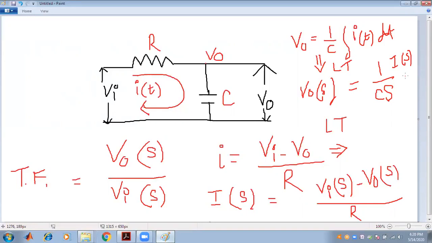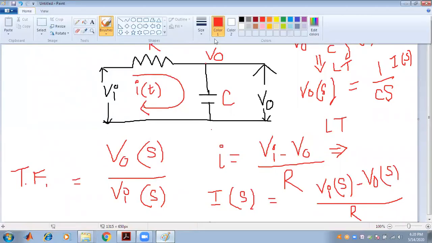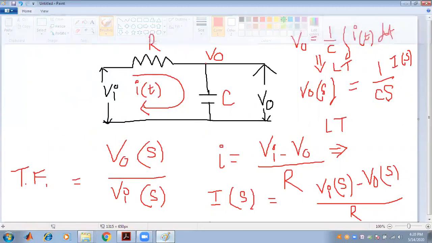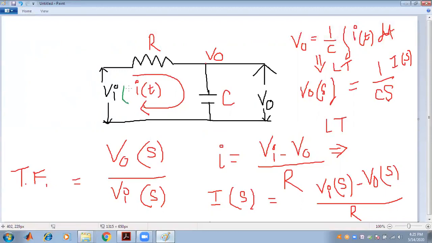So what is the change that we have seen if I draw it in that particular circuit? This R will remain R. Vi will go to Vi(s), V0 will go to V0(s), and i now became I(s). So what is the change of C? C became 1 by Cs.